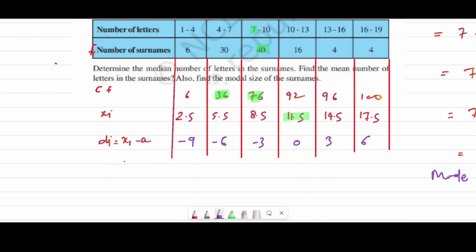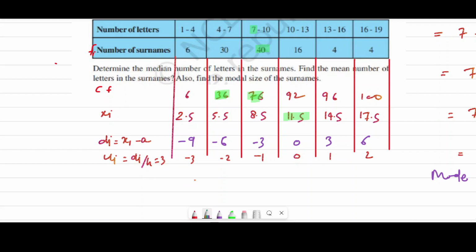Then for ui, di by h, taking h as 3. Here put the value of ui: 3 3s are 9, so minus 3, minus 2, minus 1, 0, 1, and 3 2s are 6, so 2.